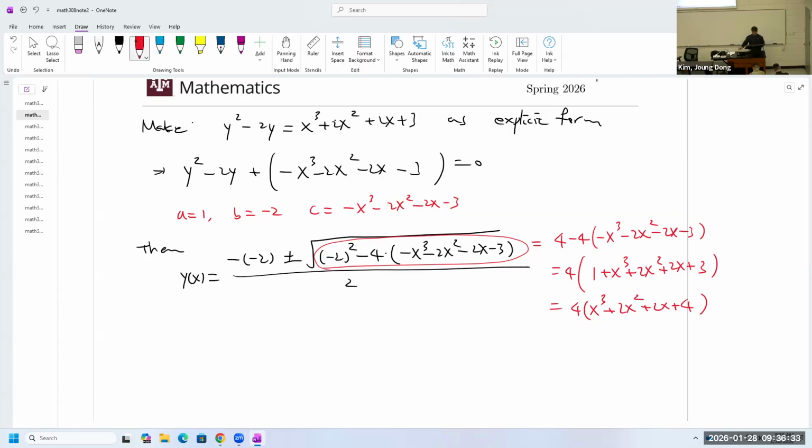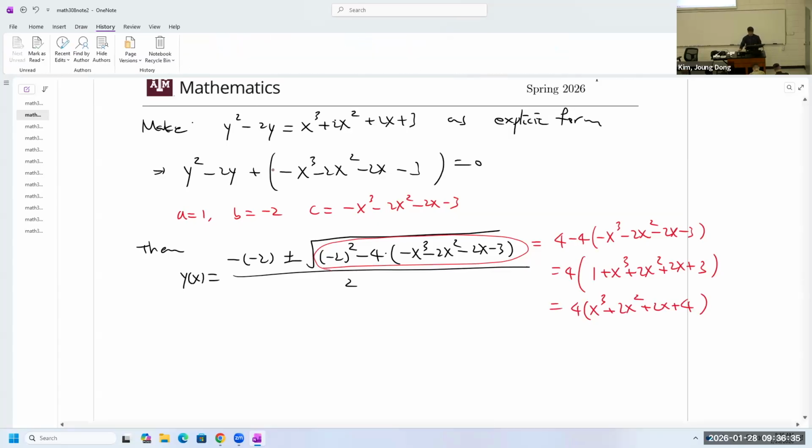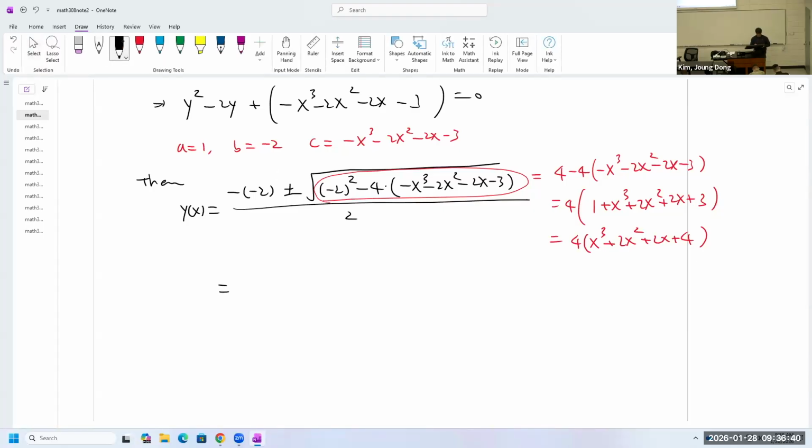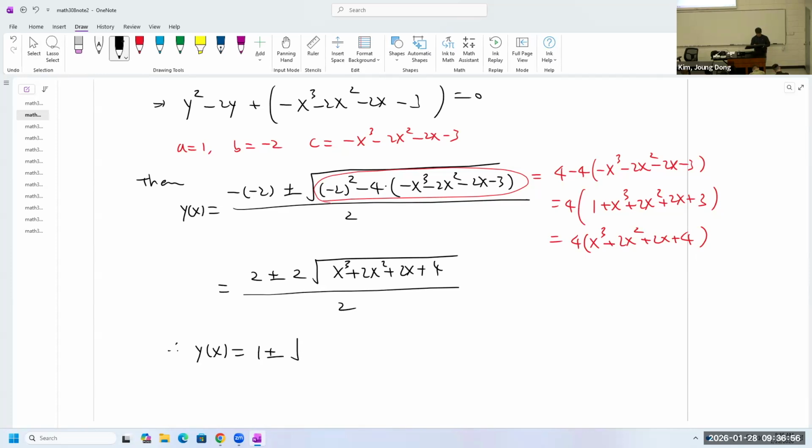It is under the square root, which means we can just take out 4 outside of the square root, which means 2 plus and minus 2 square root of (x cubed plus 2x squared plus 2x plus 4), over 2. Cancel out 2 everywhere. Therefore, your explicit form is y equals 1 plus and minus the square root of (x cubed plus 2x squared plus 2x plus 4).